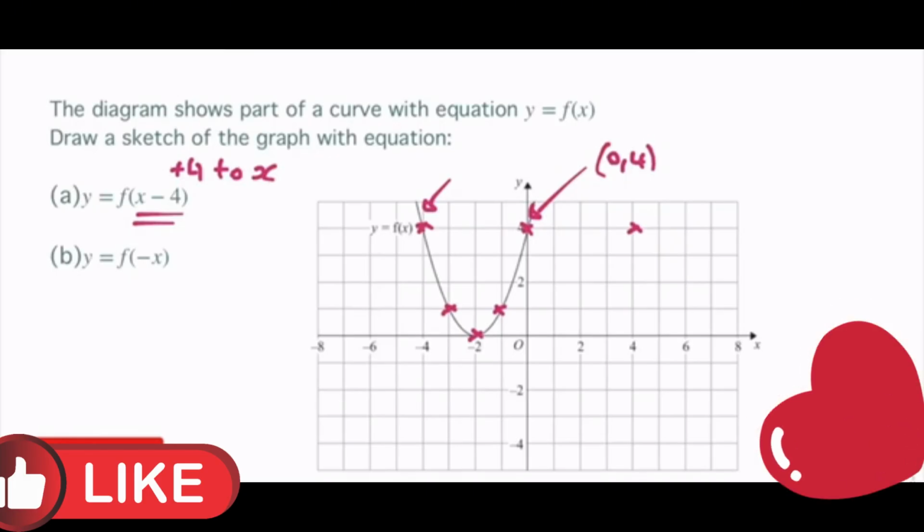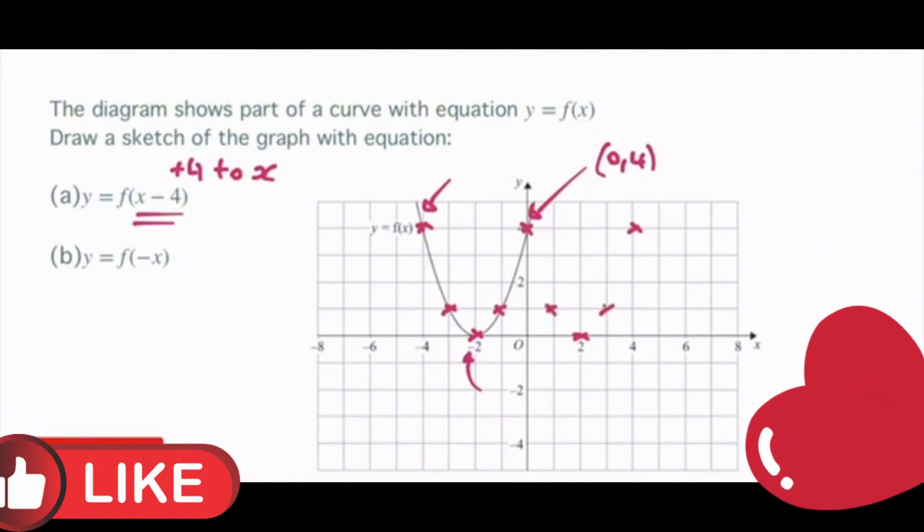The one down the bottom here, this minus 2, if we move that right 4, that's going to go to here, and then moving the others right 4 is going to place them there and there. There we go. And that is how they would move.